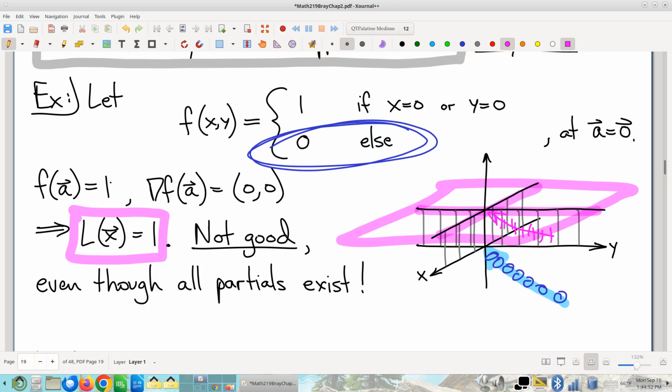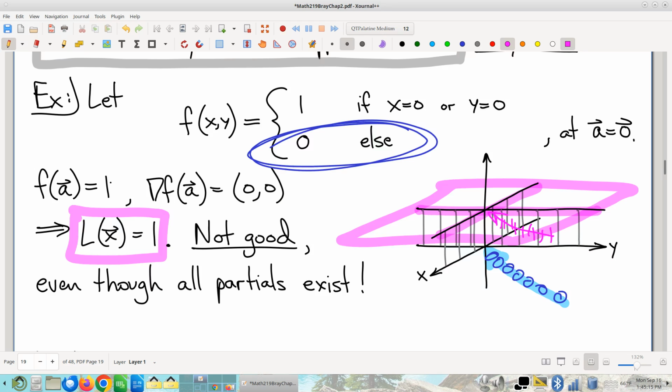So is 1 a good estimate of 0? No, it's poor. Very bad estimate. And so this is an unacceptable attempt at a linear approximation. And again, that should be a little bit unsettling because we followed the formula. We did exactly what we derived a couple days ago, whenever that was.